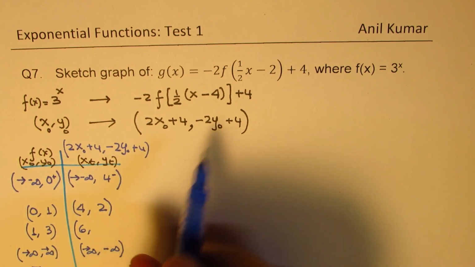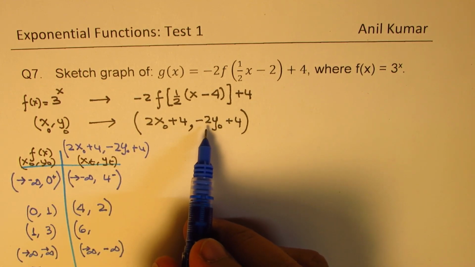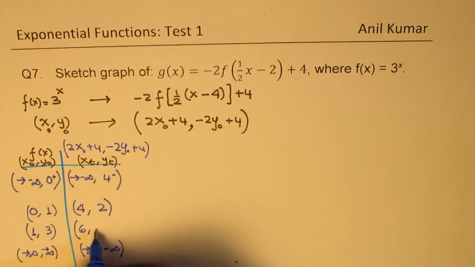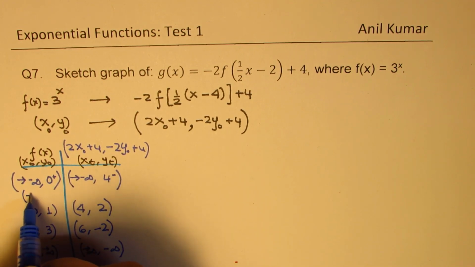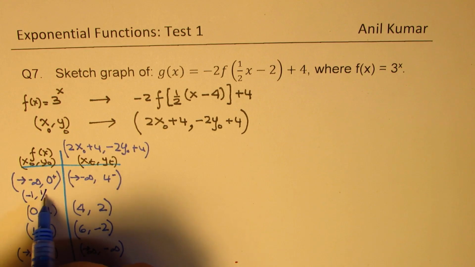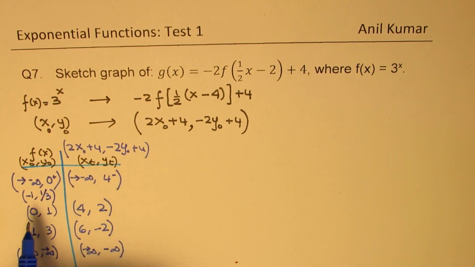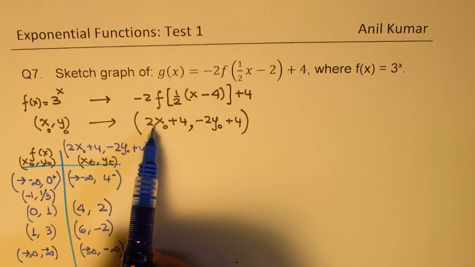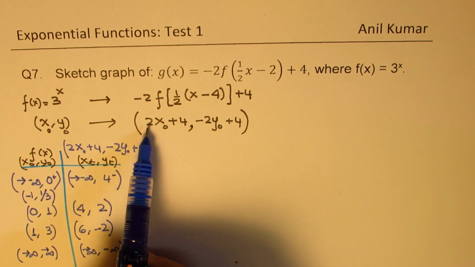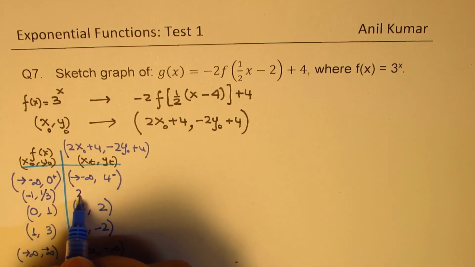As far as 3 is concerned, we get minus 6 plus 4, which is minus 2, right? So we get one point here. And if I write minus 1, I get 1 over 3, which is difficult to calculate anyway. Minus 1 gives me minus 2 plus 4, which is 2.